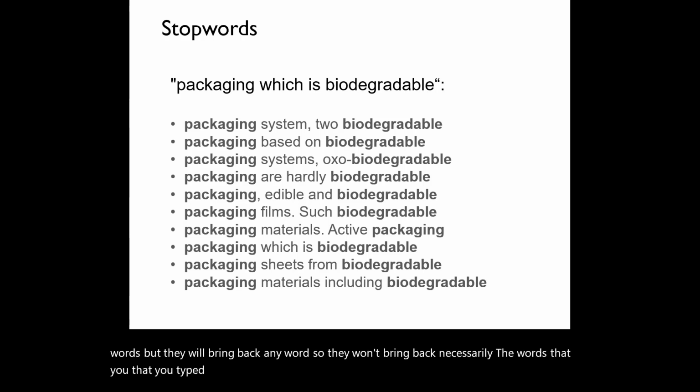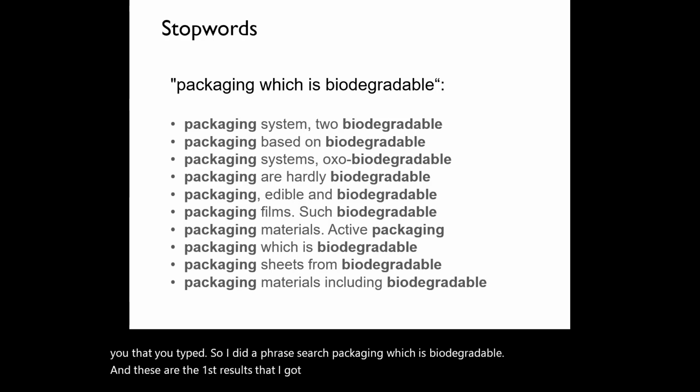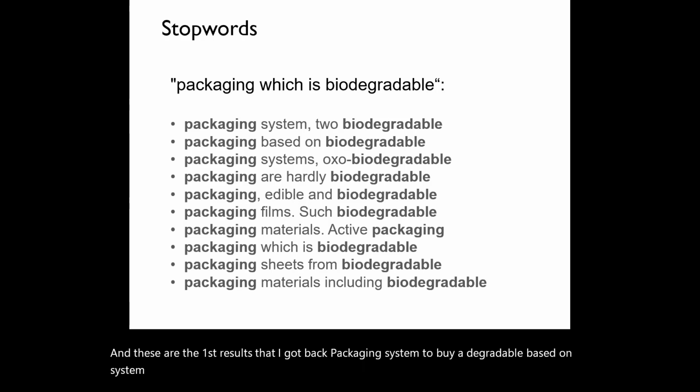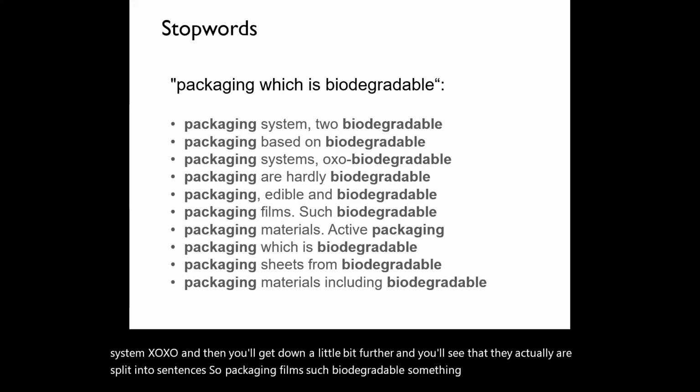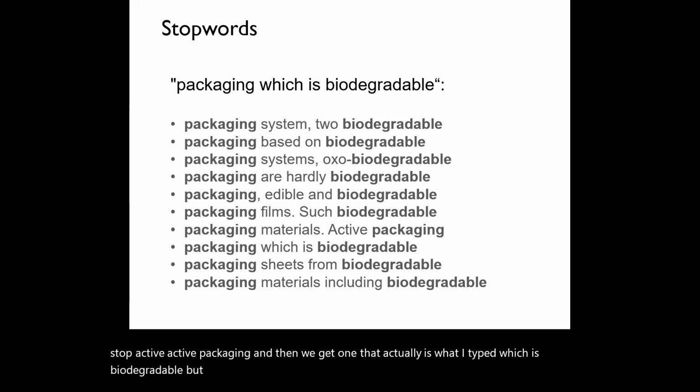I did a phrase search, packaging which is biodegradable, and these are the first results I got back. Packaging system to biodegradable, based on systems OXO. Then you get a little further down and you'll see they are split into sentences. So packaging films, such, biodegradable, something, packaging materials, full stop, active packaging. And then we get one that actually is what I typed, which is biodegradable. But we get a whole spectrum of results.